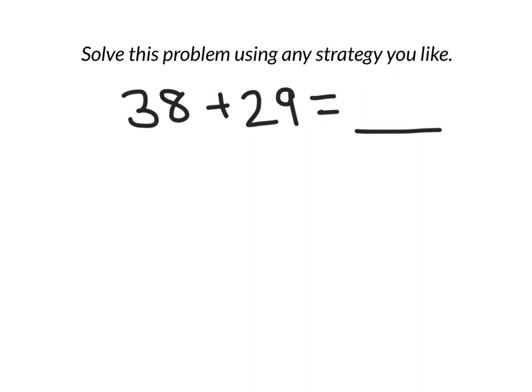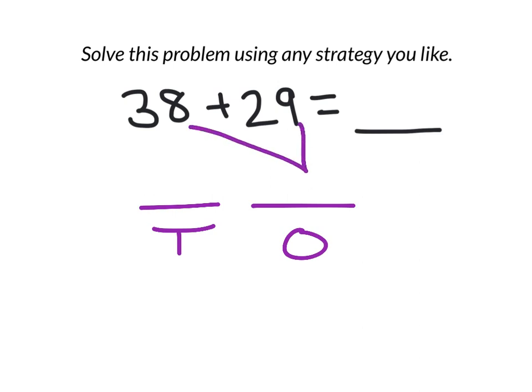So I'm going to go with the pull down method for this. This is really my favorite strategy for addition. Here's my 10s and my 1s. So I'm going to grab the 8 and the 9. 8 plus 9 is 17. I know that by heart because I practice my facts like my teacher tells me to.